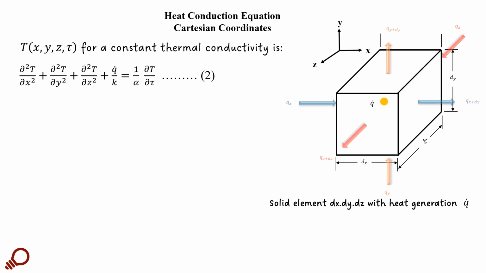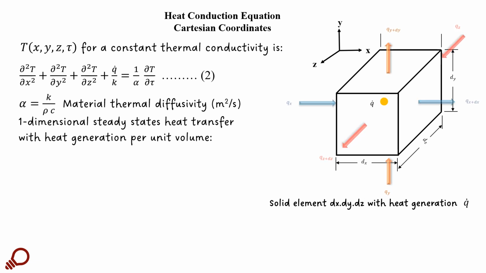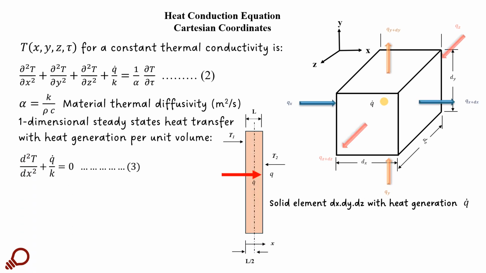And we said that this equation represents the transient form of heat conduction in a plane wall in three dimensions. In this equation, we have alpha, as defined before, which represents the material thermal diffusivity, and the one-dimensional form for a steady state condition has been derived in the form of d squared T by dx squared plus q dot divided by k equal to 0.